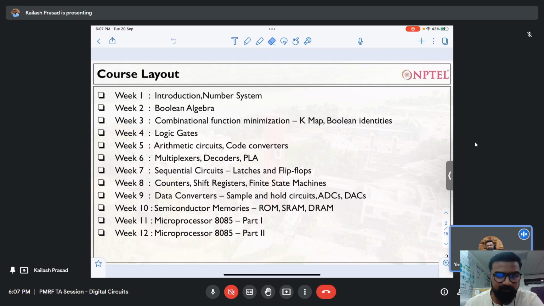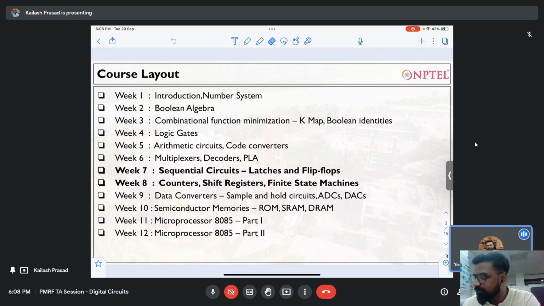In the last lecture, I had a detailed session on Mealy and Moore FSM, where I taught how to design Mealy and Moore FSM for both overlapping and non-overlapping sequences for a sequence detector. Also in the last lecture, I solved a couple of questions on data converters, ADC and DAC.